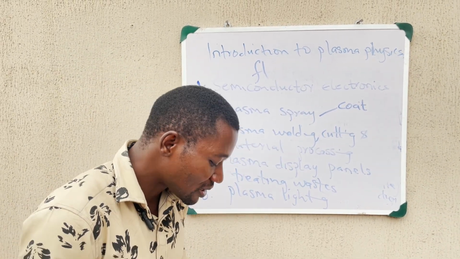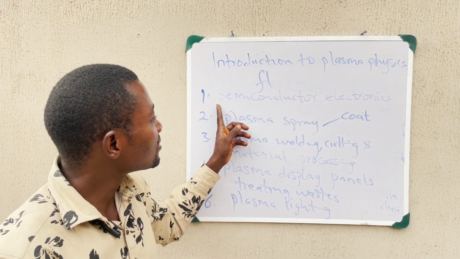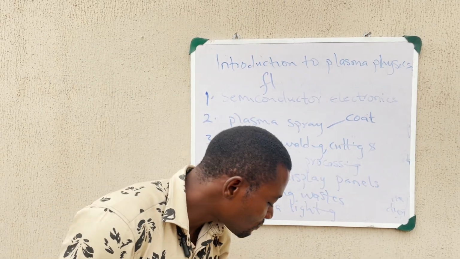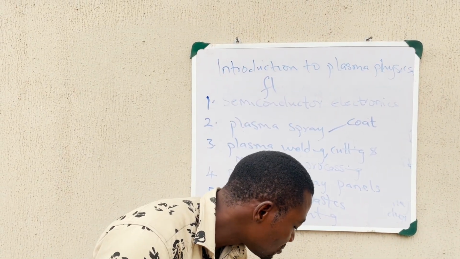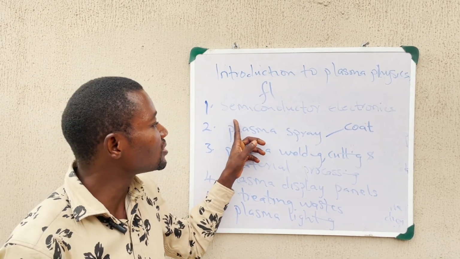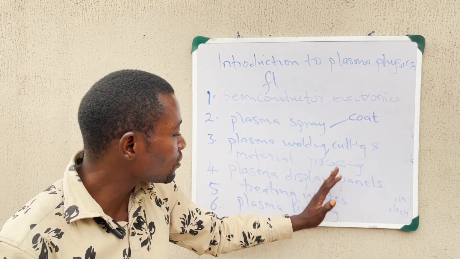So that is the application of plasma. In fact, it is almost in all sectors. So the use of plasma in industry cannot be overemphasized. Plasma is very, very important, and it finds its application in almost all sectors.